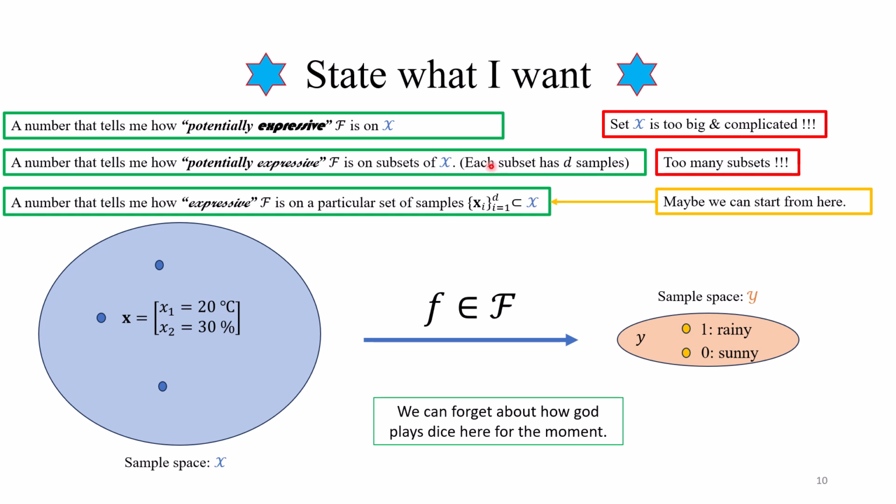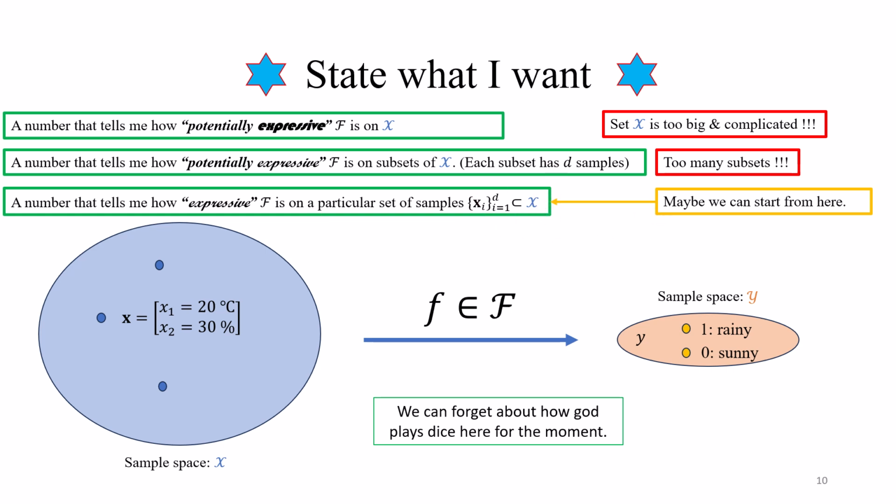But this is still too complicated in the sense that there are way too many subsets you can actually choose. So let's just simplify it further. Let's find a number that tells us how expressive F is on a particular set of samples from X.